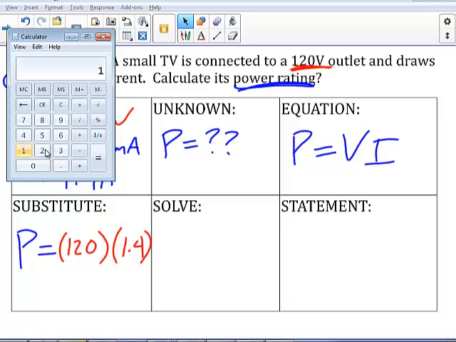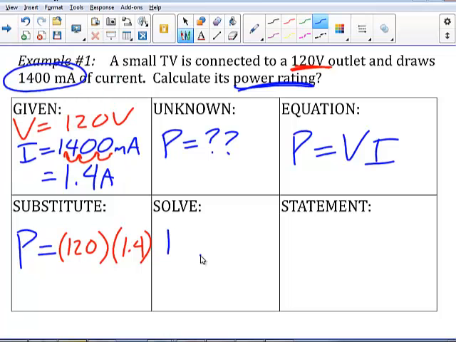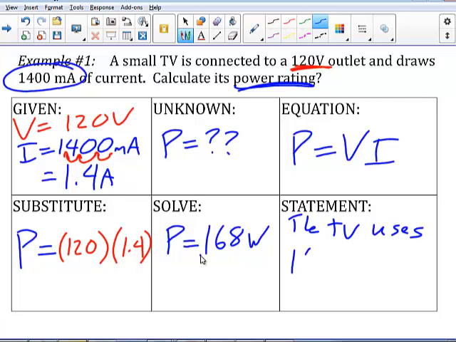So now 120 times 1.4, and we have that power is equal to 168 watts. So therefore, the TV uses 168 watts of power.